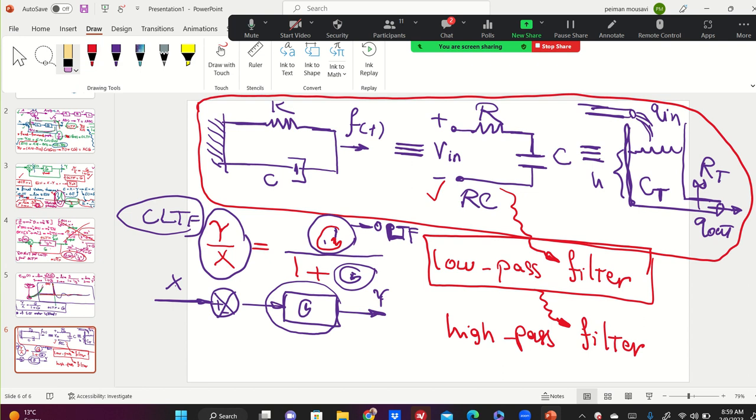No. So this is open loop, and open loop is only G. But when I say closed loop, here we go, we are closing the loop. So now you have to calculate this. It's G over 1 plus G. Understand?